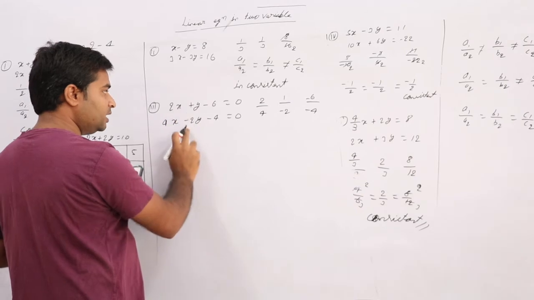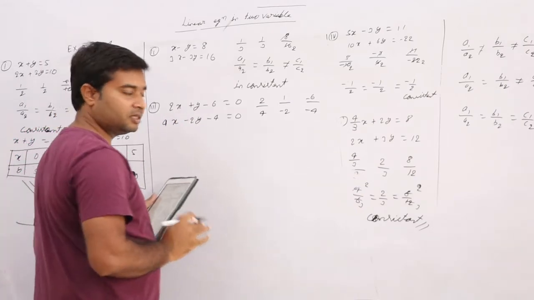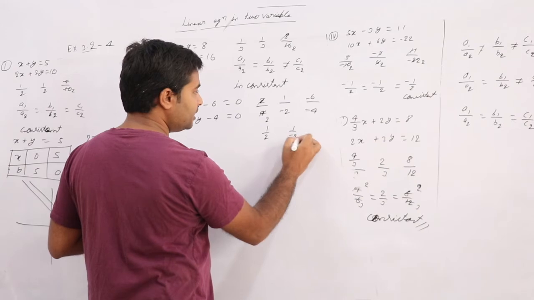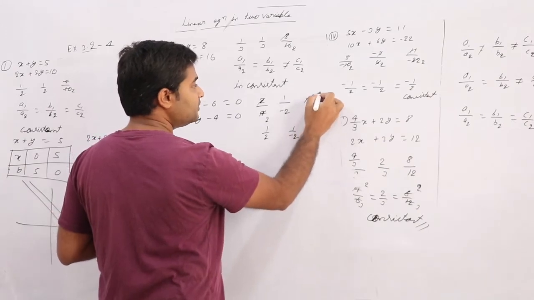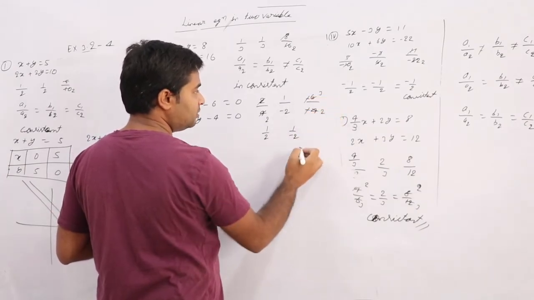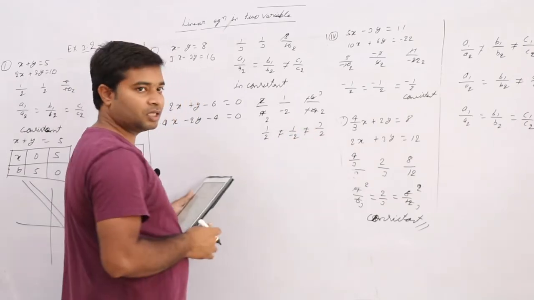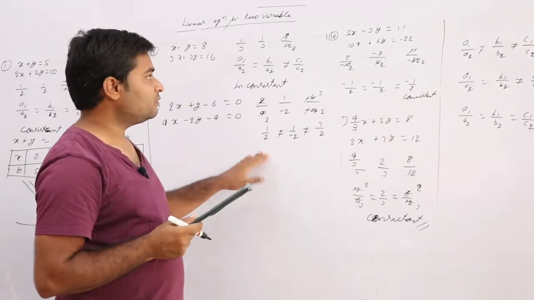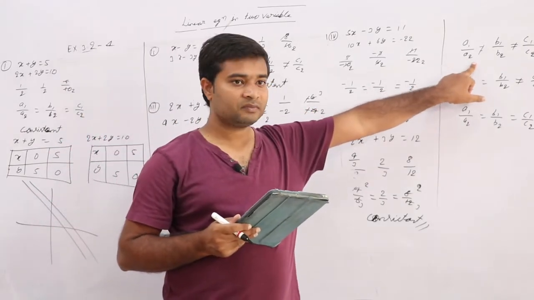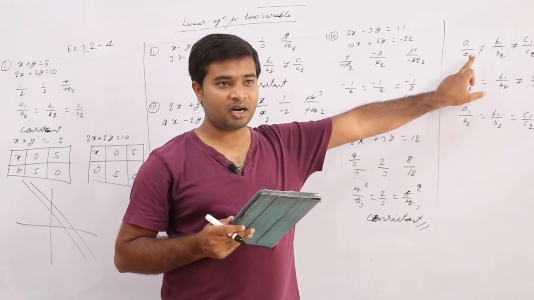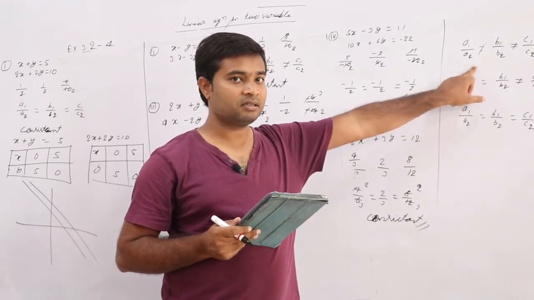A1 A2, B1 B2, C1 C2. 2 2s are 4 means 1 by 2, 1 by minus 2, minus minus cancel. 2 3s are 6, 3 by 2. All are not equal. If all are not equal, it means one solution. Consistent.